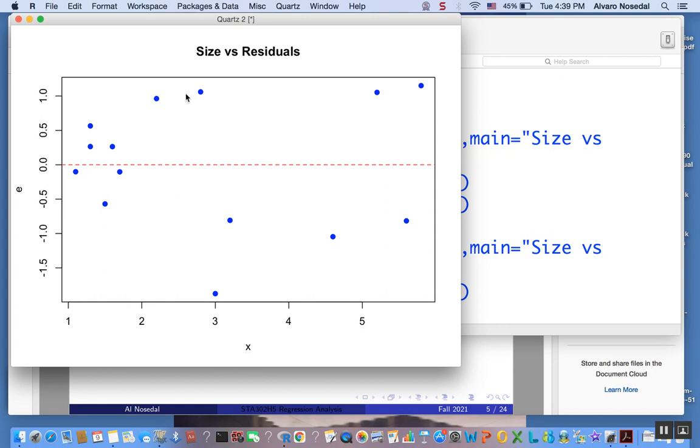That would tell you that the assumption that the variance is constant is not reasonable, right? But in this case, we seem to have a constant variance.